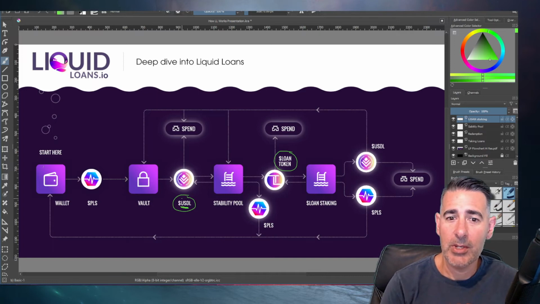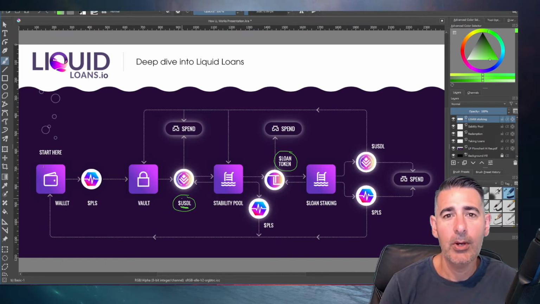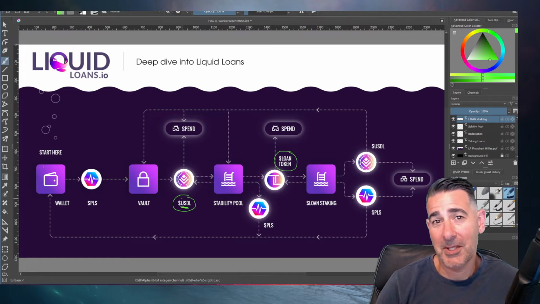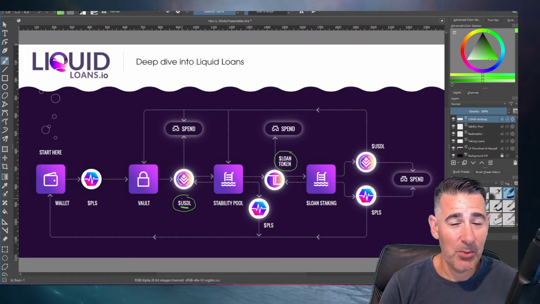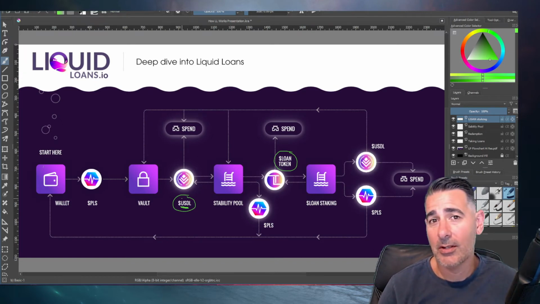But this also means the community, who are the users and the owners essentially of the Liquid Loans protocol, are the custodians. You are the reserve bank. You mint this stablecoin into existence. So it's a community-owned stablecoin.